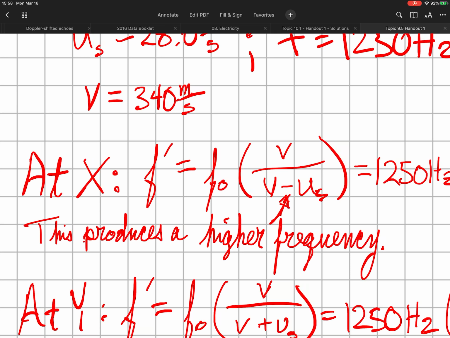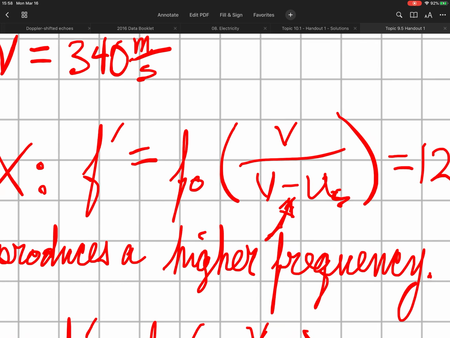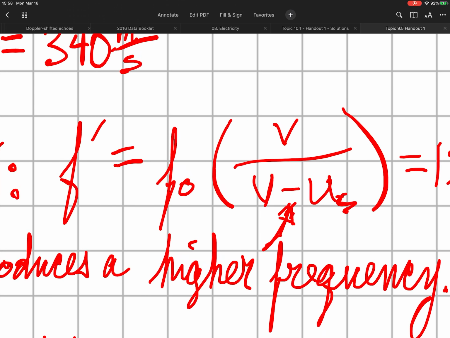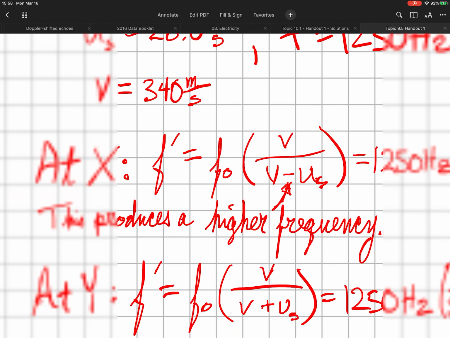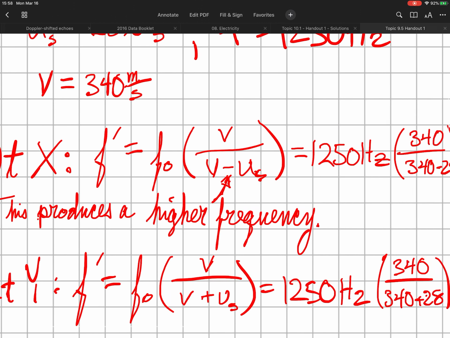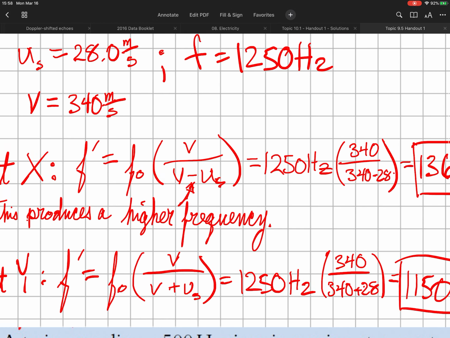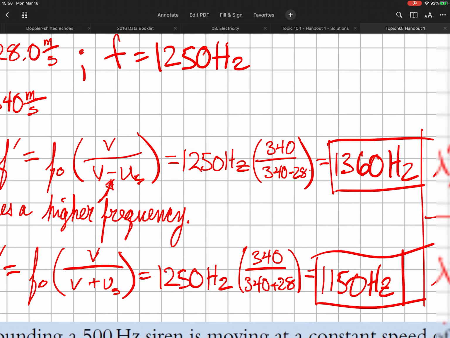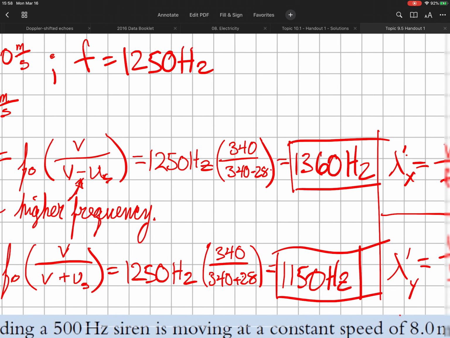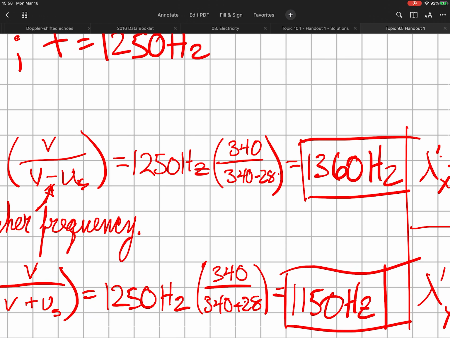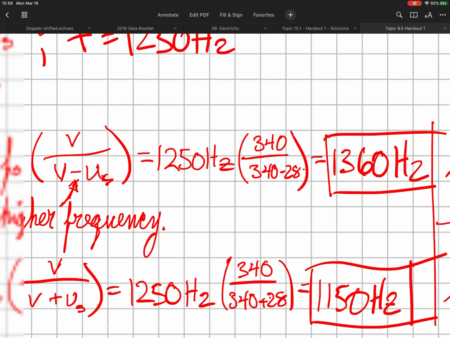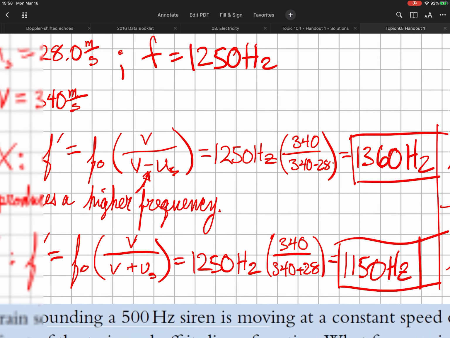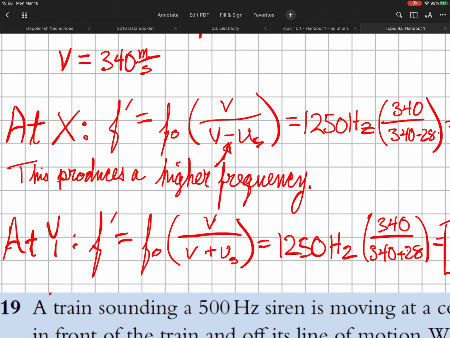So remember, the shifted frequency will be inversely proportional to whatever is in that denominator. Okay, so we want a higher frequency as our objects come closer together, and we then plug in our values, and we get a higher frequency. There it is, 1,360 hertz. Okay, so that sounds pretty good.